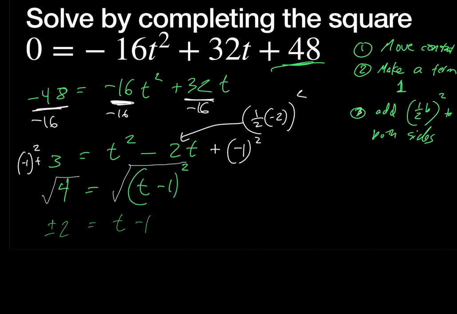To solve for t, add 1 to both sides: 1 plus or minus 2. So t will either equal 1 plus 2, which is 3, or 1 minus 2, which is negative 1.